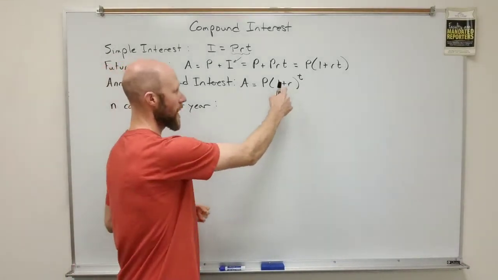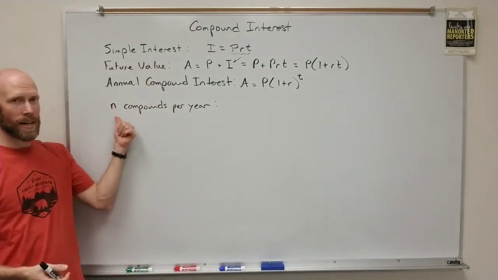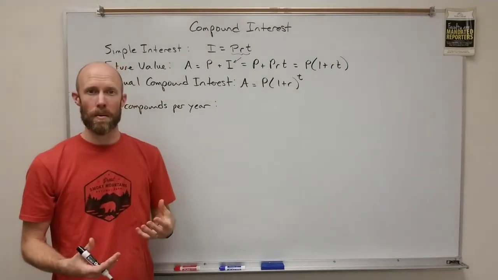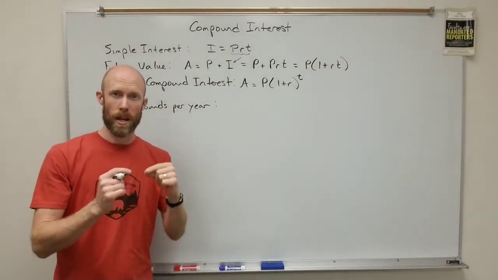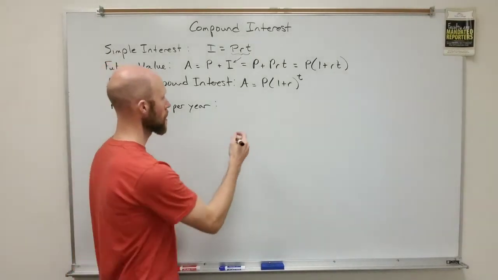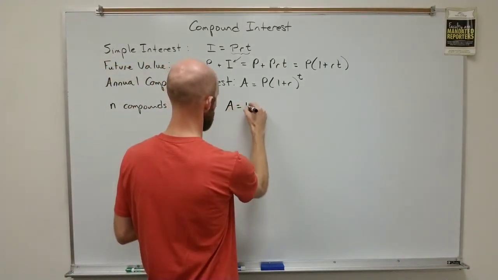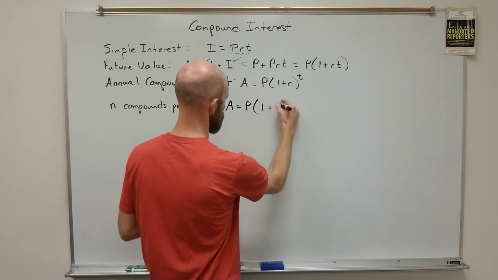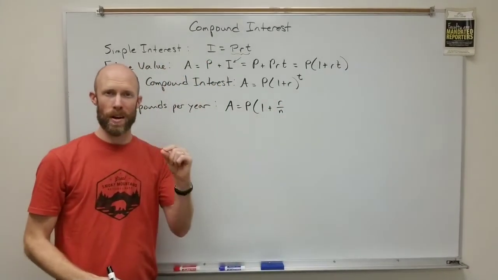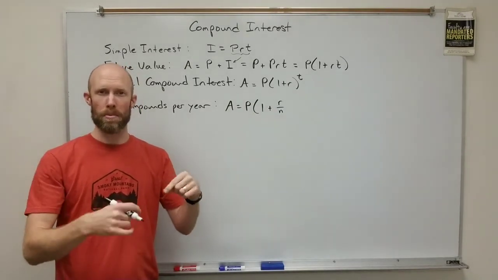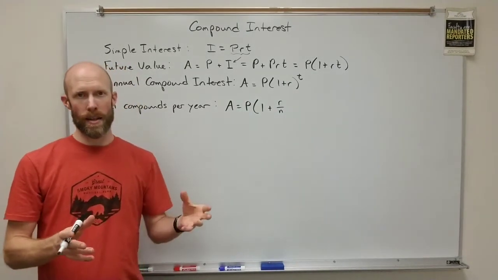So you have to divide the R by that N value. If it's daily compounding, you take 1/365th of the rate and apply it each day, all right? So that's the first adjustment, is you get the rate divided by N, okay? You have to take 1/n of the rate and apply it over that period.